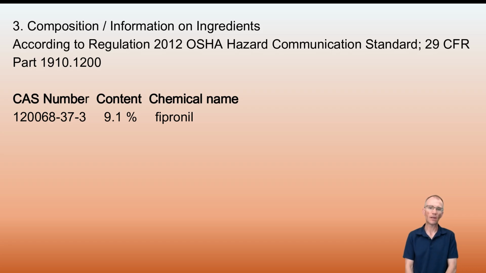The CAS number is 120068-37-3. The content is 9.1%, and the chemical name is fipronil. So those of you that have used Thermador SC insecticide termiticide, you would totally understand this. You would understand the content percentage, and you would understand that the chemical name or the active ingredient is fipronil.